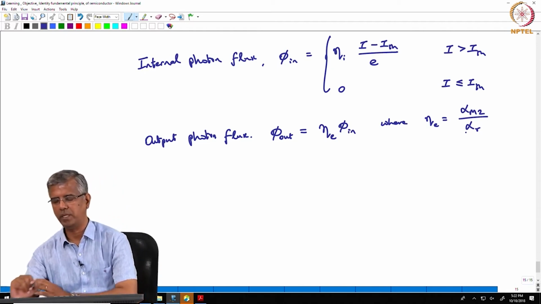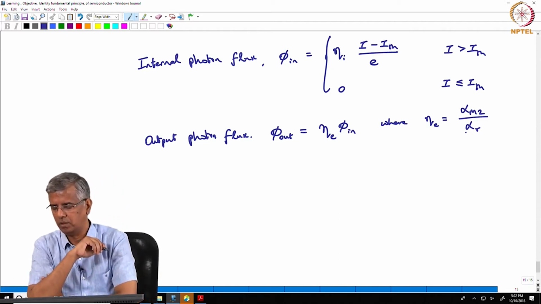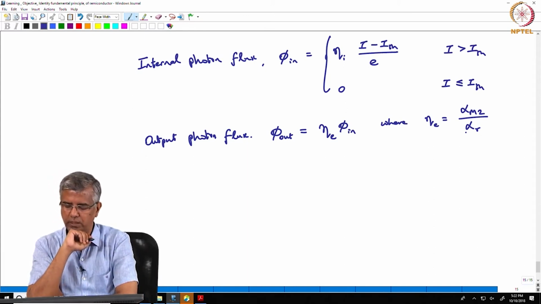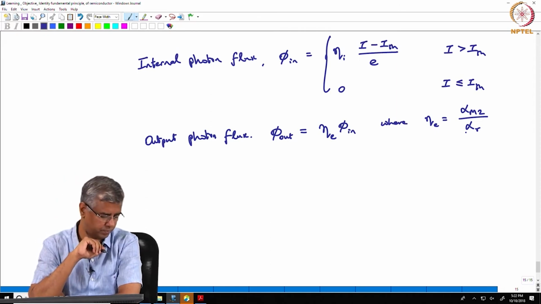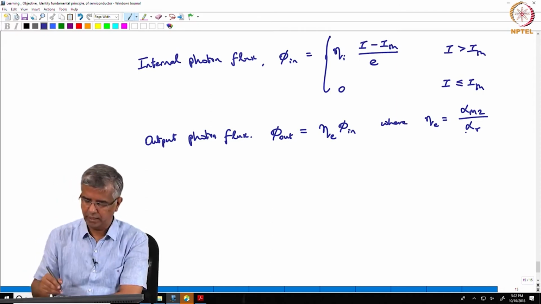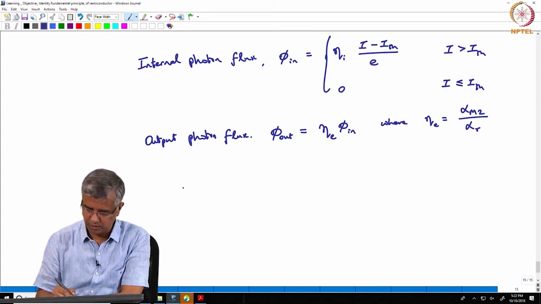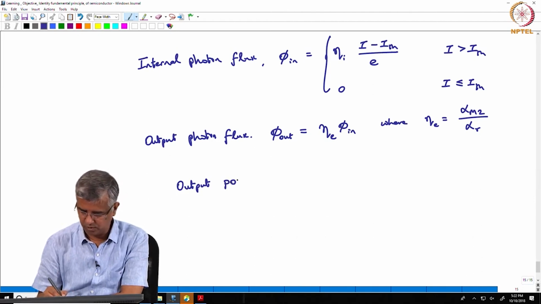So, that will be the fraction of power that you are extracting from the cavity, right.